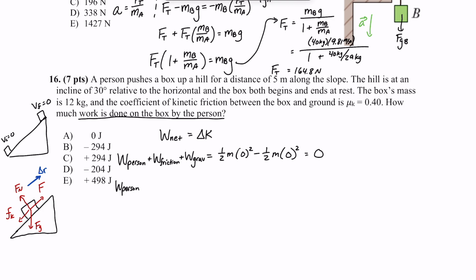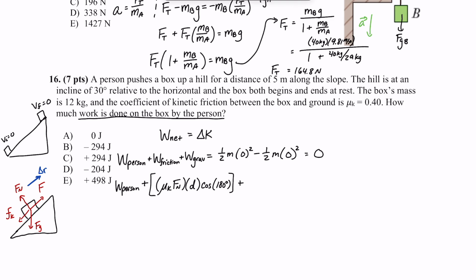For the work done by friction, this is going to be the force of friction times the displacement, and we'll call that d for right now and come back to it, times cosine of the angle between the vectors of friction and displacement, which point in opposite directions, so that's going to be 180 degrees, and will ultimately be a -1.